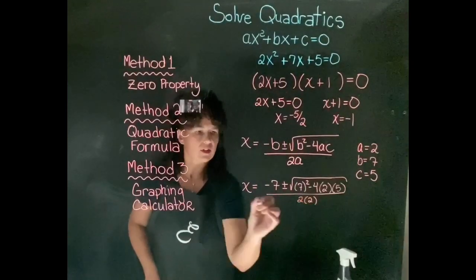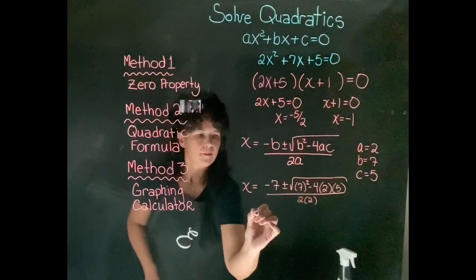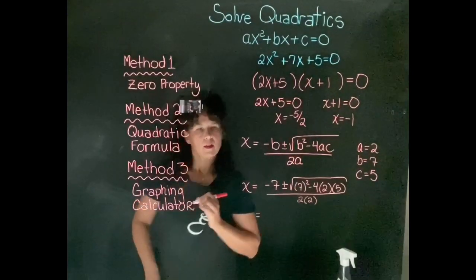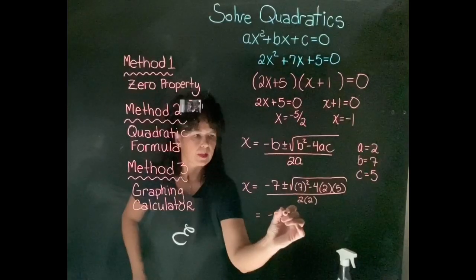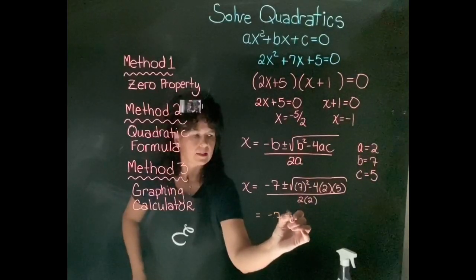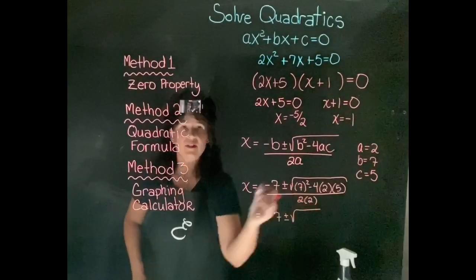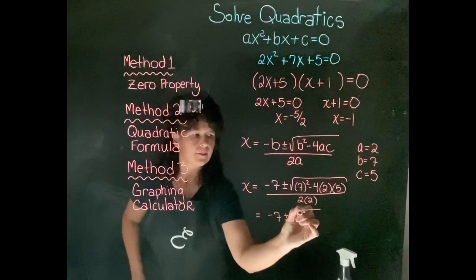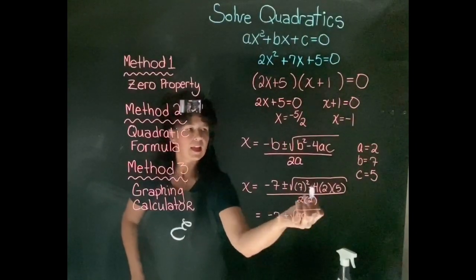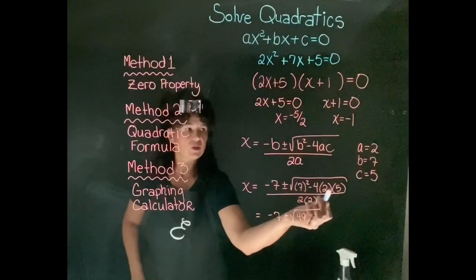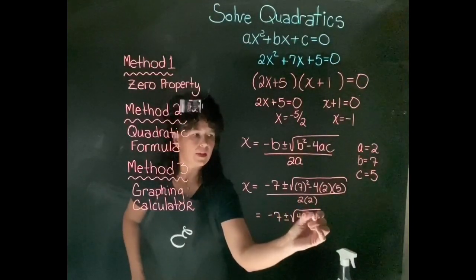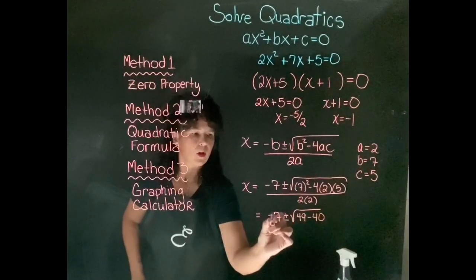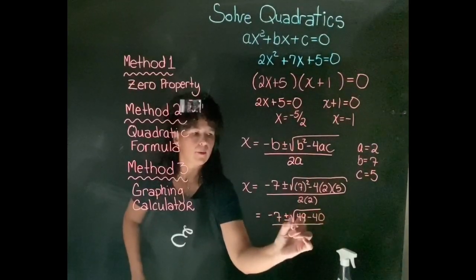Next, I just want to start simplifying. Negative 7 plus or minus 7 times 7 is 49. Negative 4 times positive 2 times 5 is going to be negative 40, all over 4.